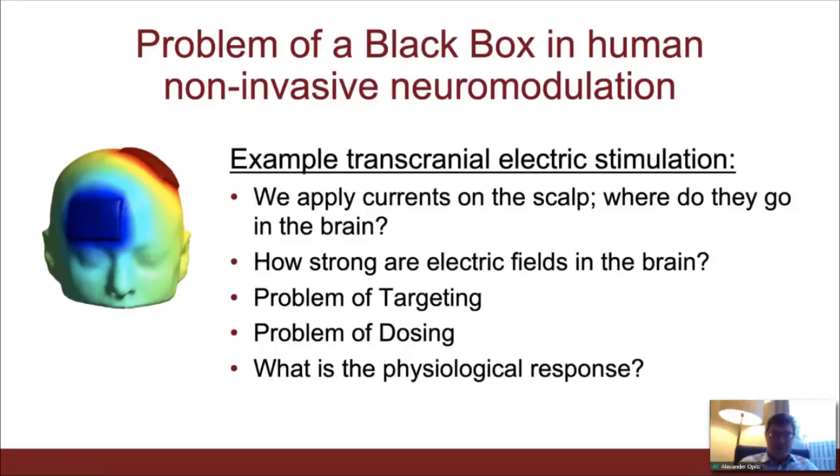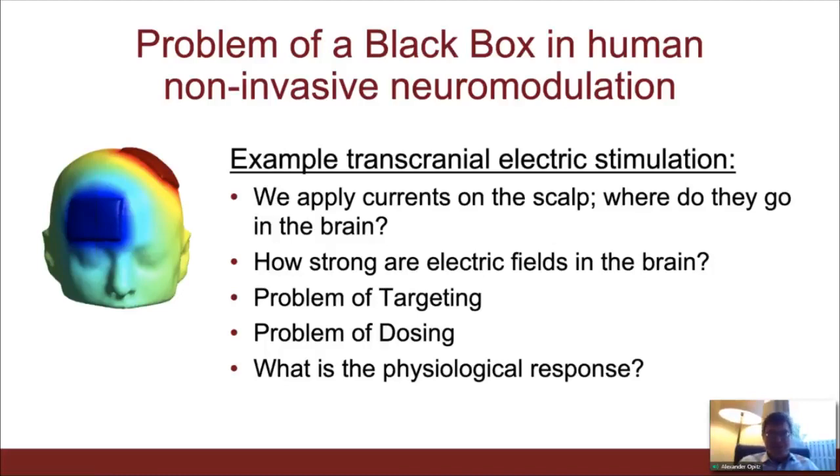So if we talk about non-invasive brain stimulation, we have sometimes a bit of a black box problem. So we apply something on the outside of the head, say we attach electrodes on the scalp level. But what we're really interested in is what's happening on the level of the brain. So how do those electric fields affect neurons?